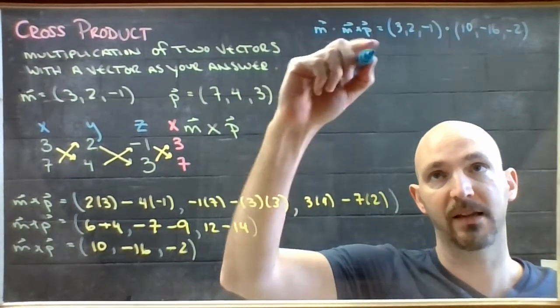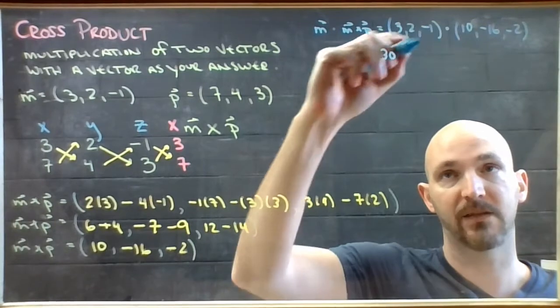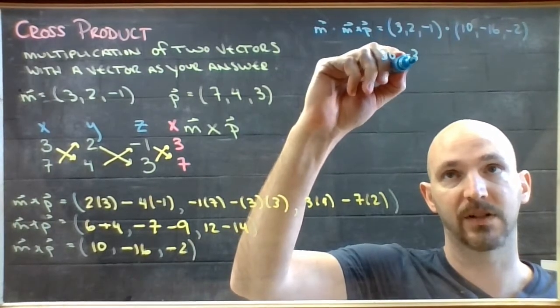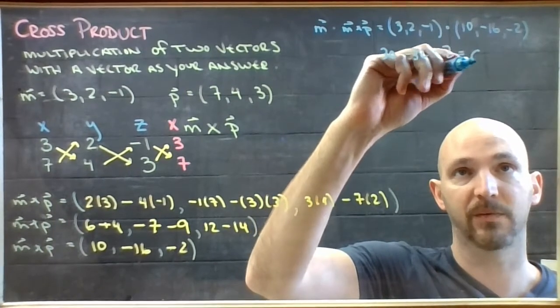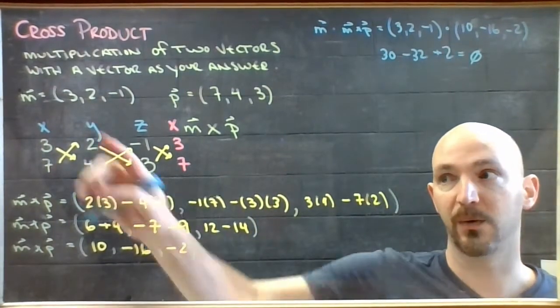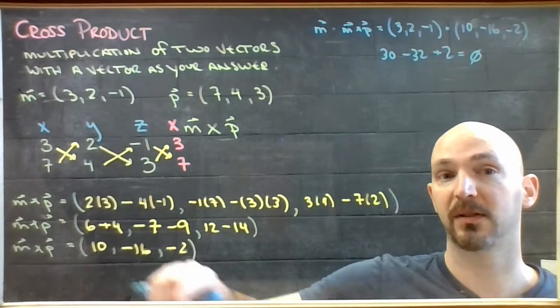So 3 times 10 would be 30, 2 times -16 would be -32, and -1 times -2 is +2, and that equals 0. So this vector is perpendicular to that one.